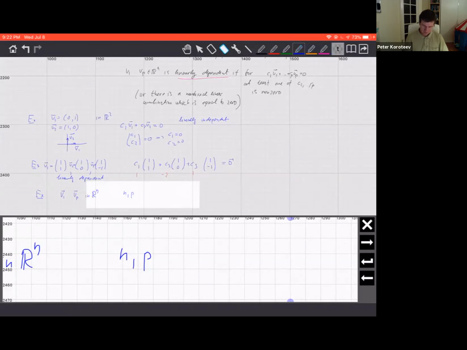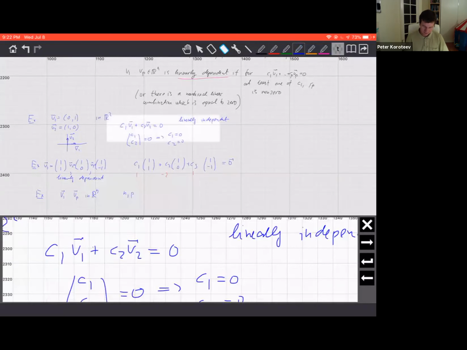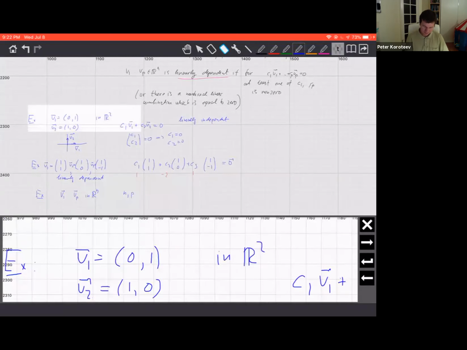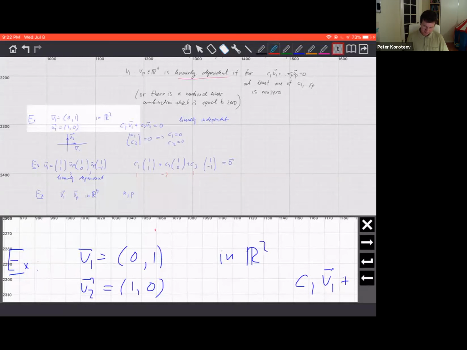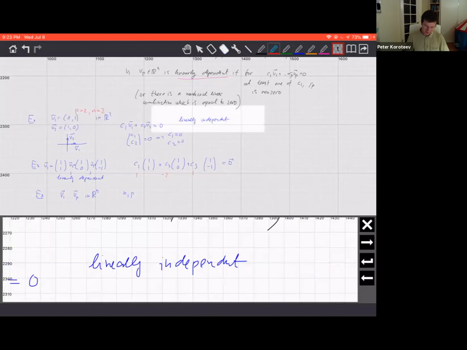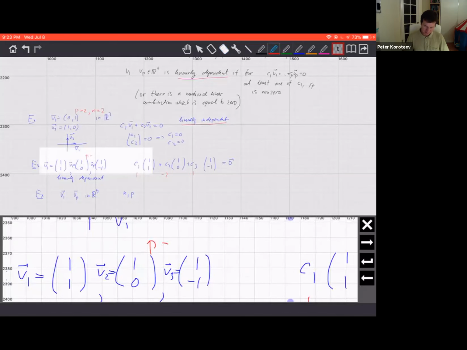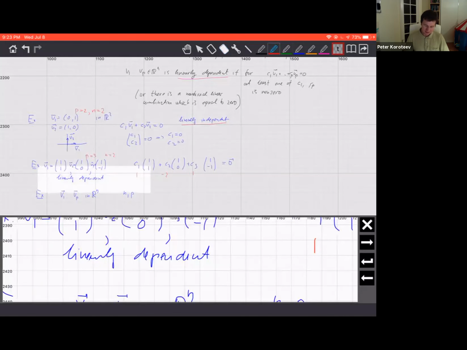Maybe I need to refine the question. In the first example, we had p equals 2, n equals 2, and we concluded that these vectors are linearly independent. In the second example, p was equal to 3, n was equal to 2, and we concluded that they're linearly dependent.